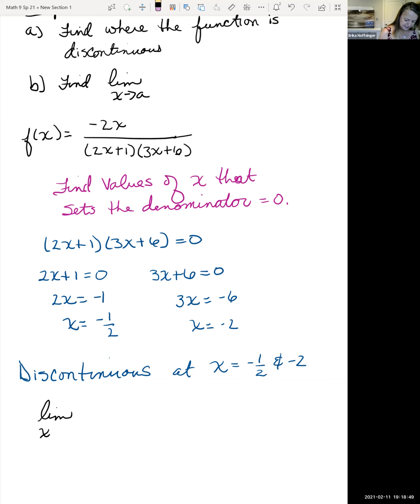Let's first look at the left-hand side. So let's look at -1/2. Actually, let's look at -2 first. So let's look at -2 approaching from the left of this, -2x all over 2x plus 1 times 3x plus 6.